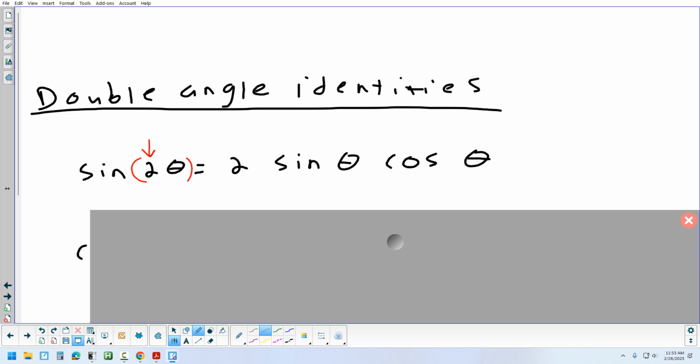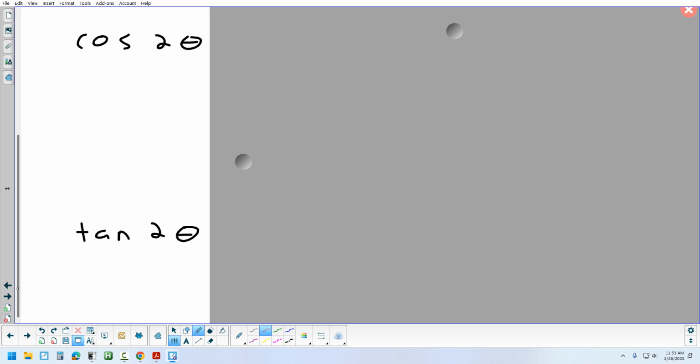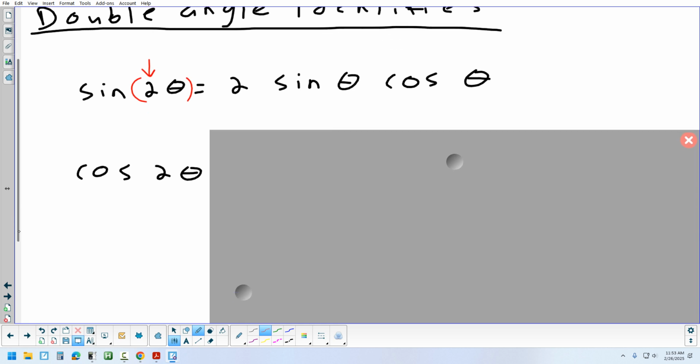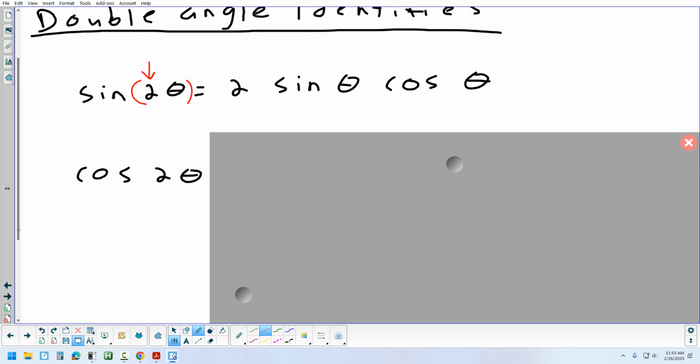Okay. And there's a double angle formula for sine, there's one for cosine, and there's one for tan. The sine one is the nicest looking one. And that's also pretty much the only way you would ever see the double angle formula for sine written.